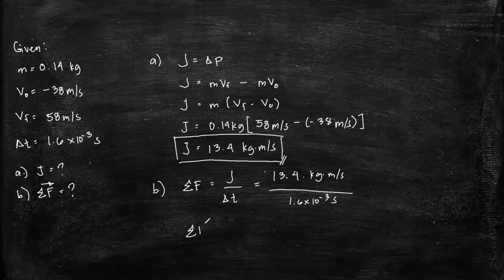So we're going to have an average force of 8,400 kilogram meter per second squared. So converting this unit, this is equal to Newton. Therefore, our final answer is 8,400 Newton.